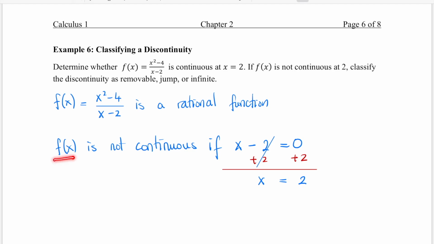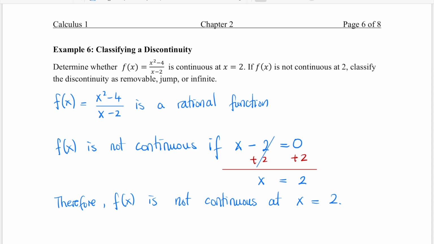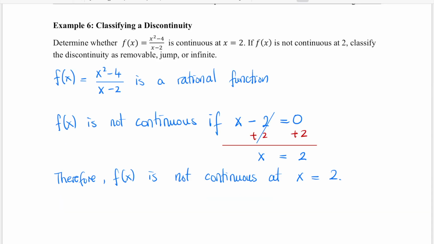So f of x is not continuous at x equals 2. We determined that the function is not continuous at x equals 2. Now we need to classify the discontinuity as removable, jump, or infinite.